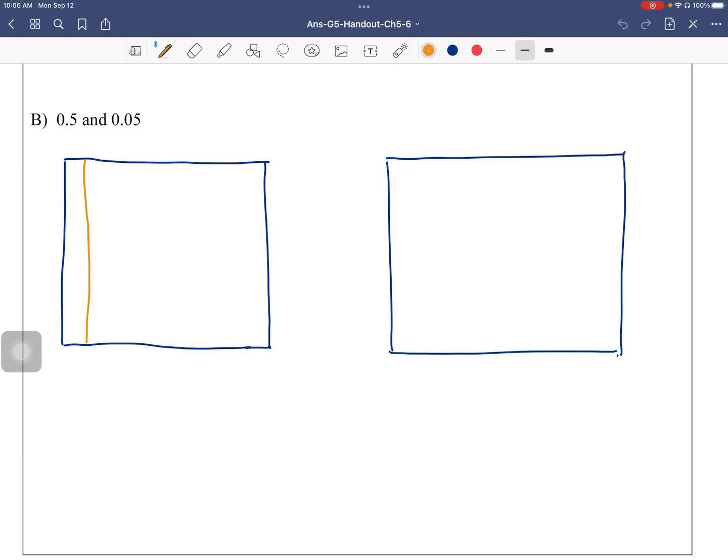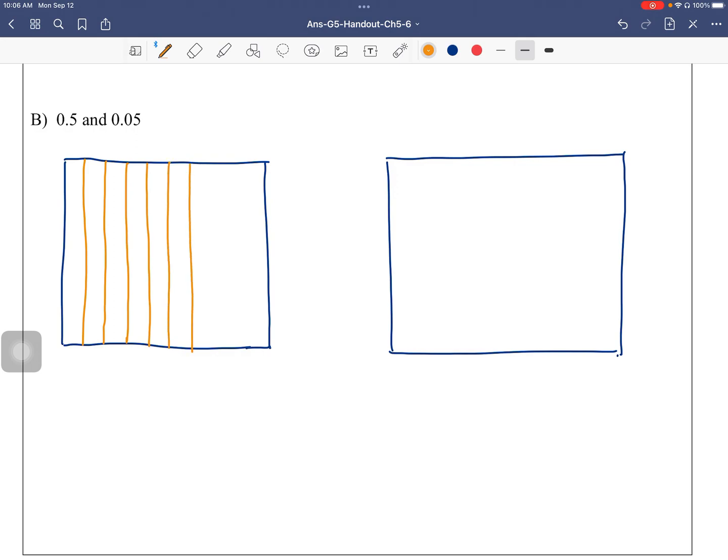Okay, dissect it into 10. Yay, I made it.